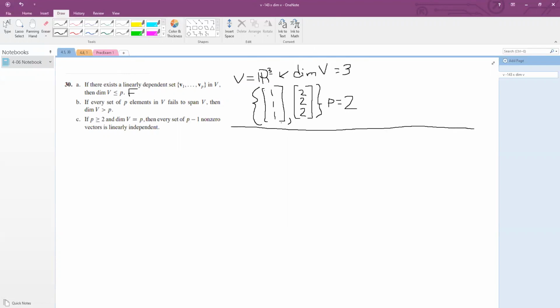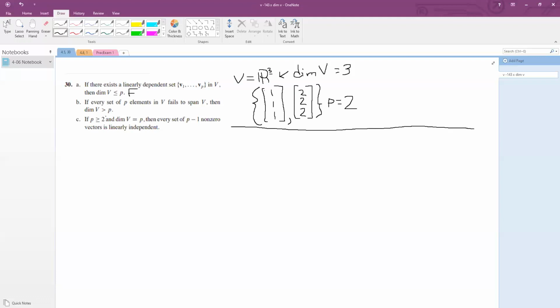Okay, let's look at part B now. If every set of P elements in V fails to span V, then the dimension of V is greater than P. You can read it.